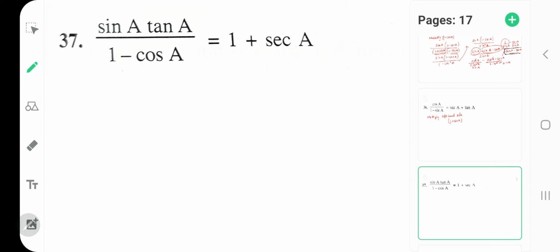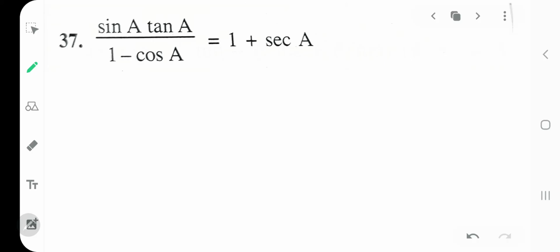I have sin A into tan A upon 1 minus cos A. For sin A, I'll keep it sin A. For tan A, can I make it sin A upon cos A? Upon 1 minus cos A as it is.